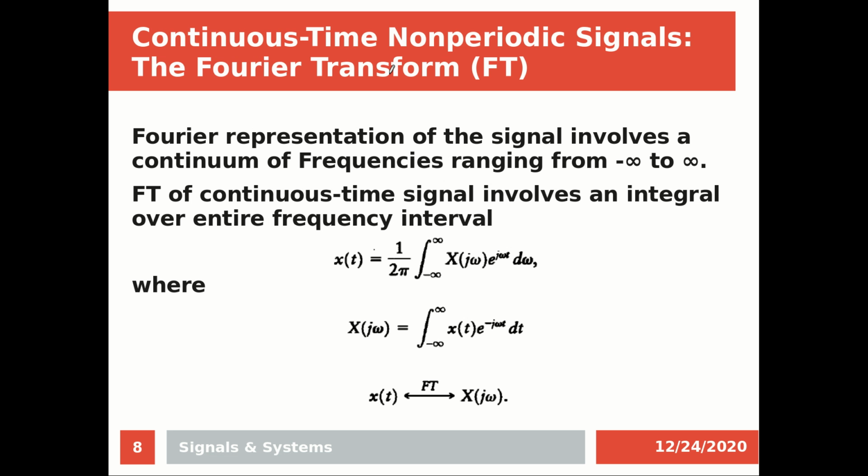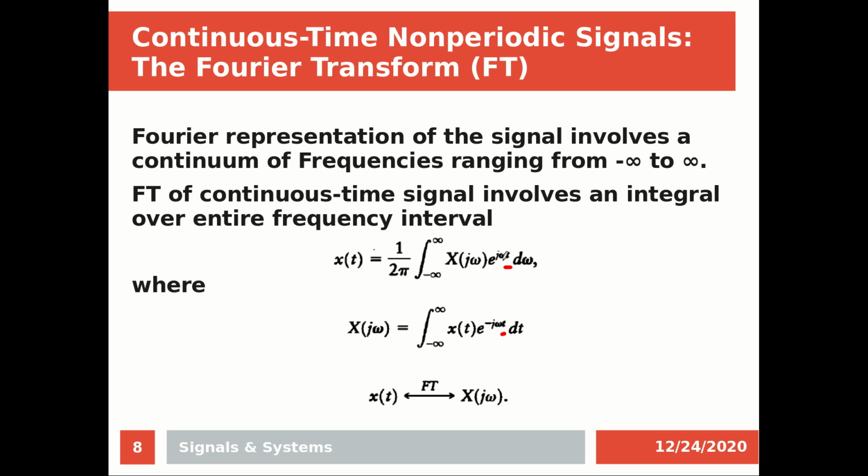Okay, now let's see the continuous time non-periodic signal. We use here the Fourier transform. So on this side we use t instead of n, so it's almost like the periodic signal. The only exception is there is no omega 0, there is no fundamental period.